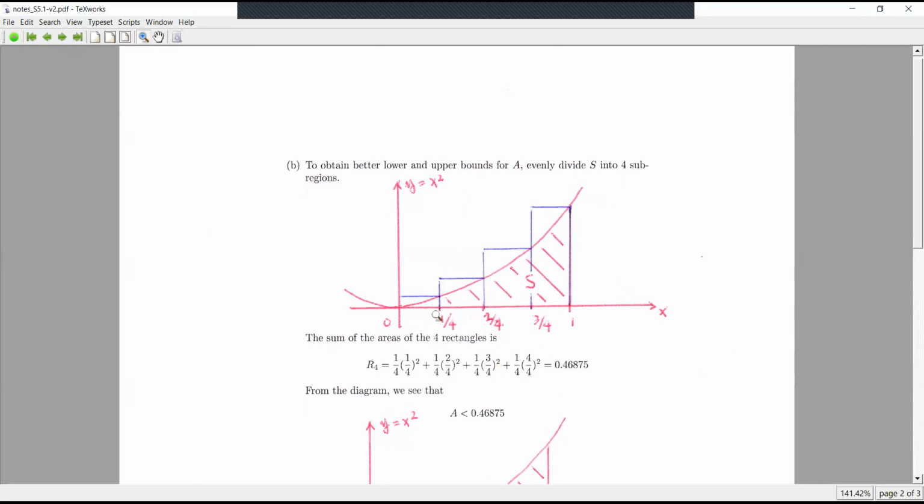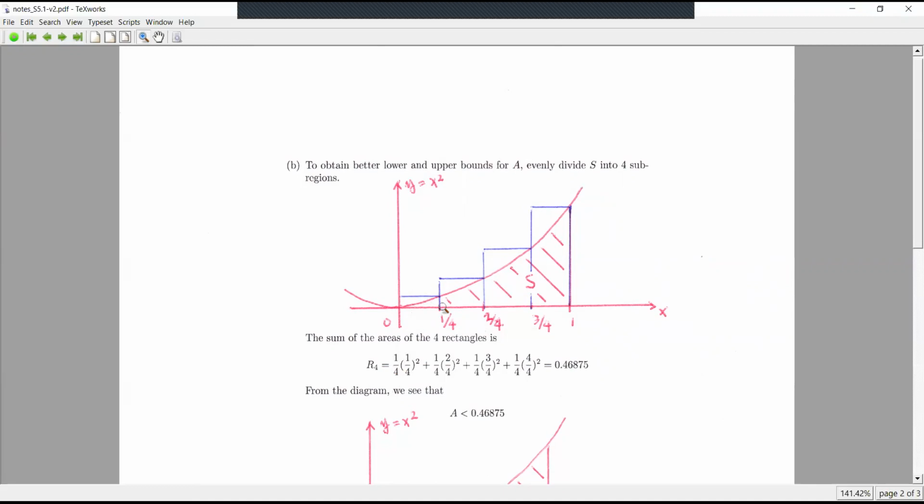Over the first subinterval, let me use the function value at the right end point to build a rectangle. Its area is base, 1/4, height, function value at 1/4. So this number, base times height, is area of the first rectangle.